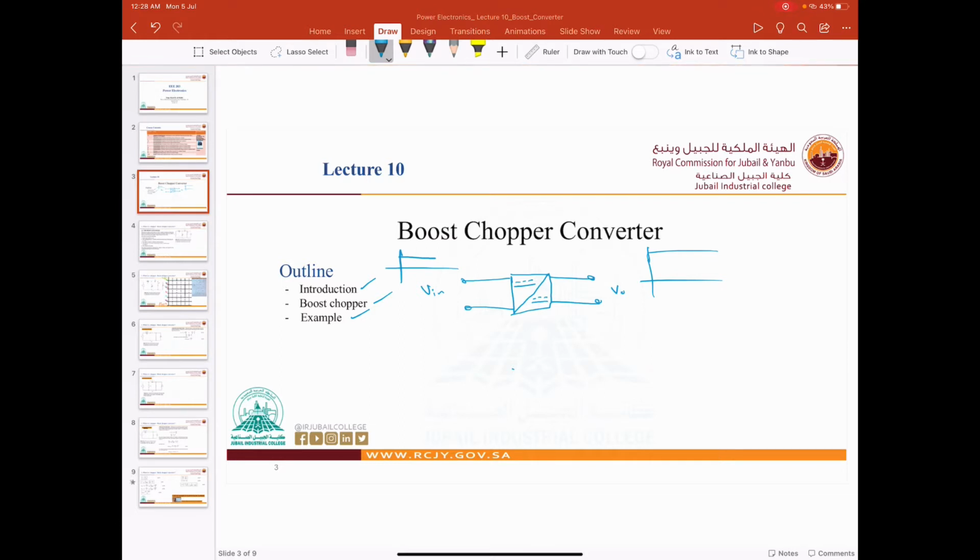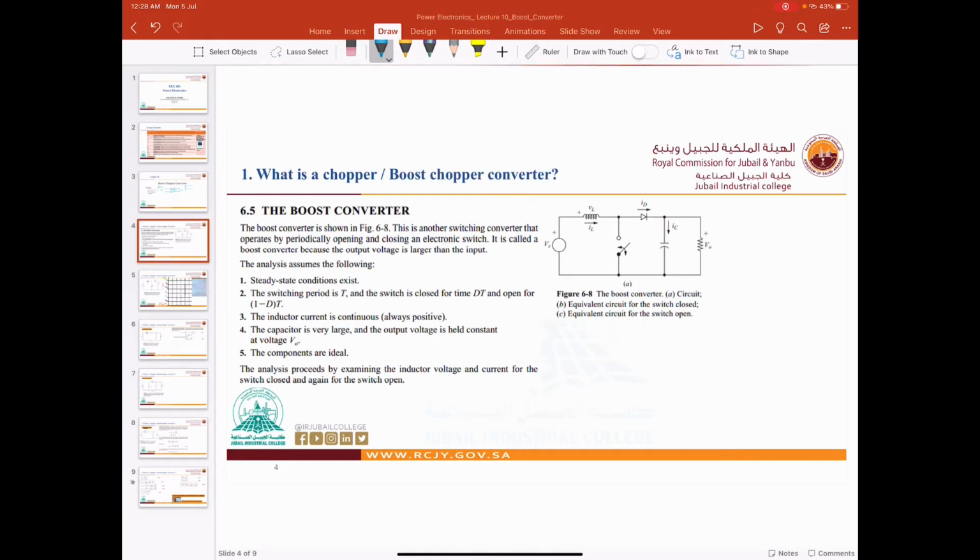Now let us see the circuit here, شباب. We know from the buck, let me write it here, the buck formula is V out is equal to Vs multiplied by duty cycle percent, right?